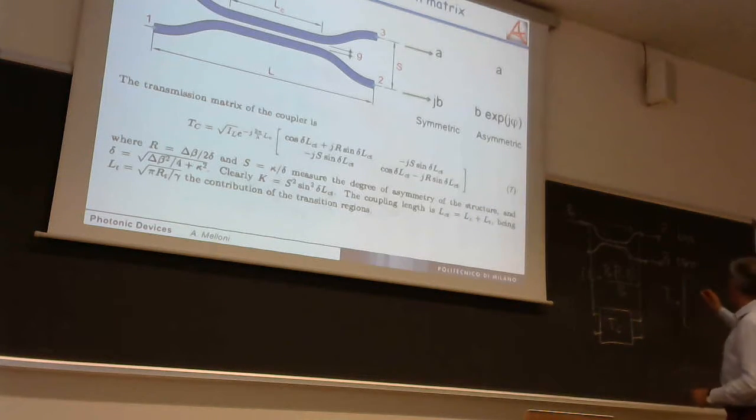In case of a symmetrical coupler, with two identical waveguides, it is cos KL, minus j sin KL, and here we have minus j sin KL and cos KL.